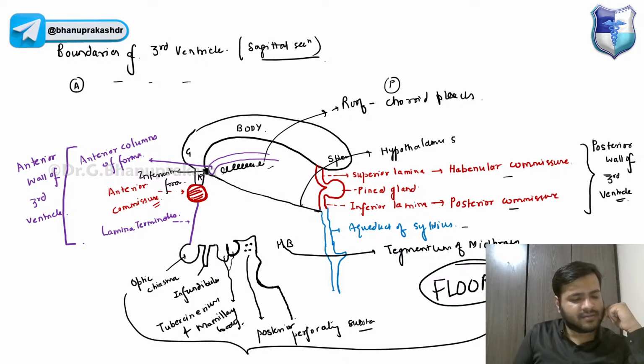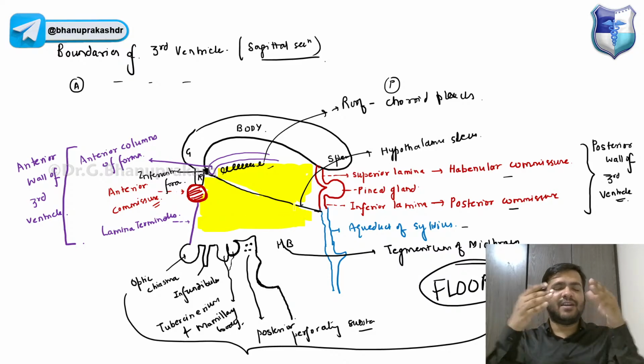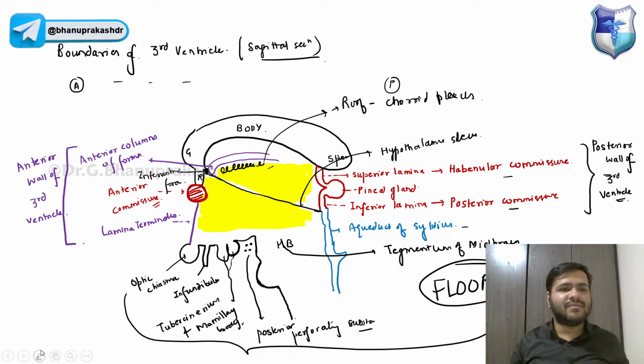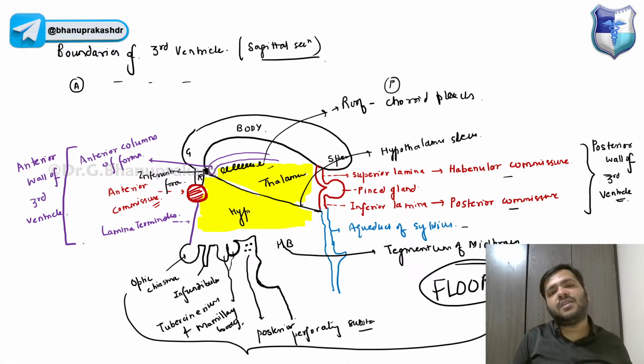It separates two parts, guys. The above part is called the thalamus, which forms the lateral wall, and below we have the hypothalamus. Obviously, there is a cavity in the middle, so on the lateral wall the thalamus will be above and the hypothalamus below.